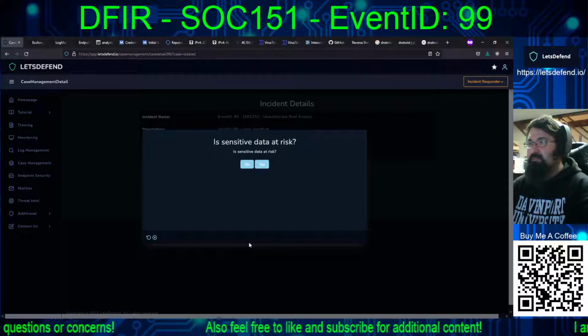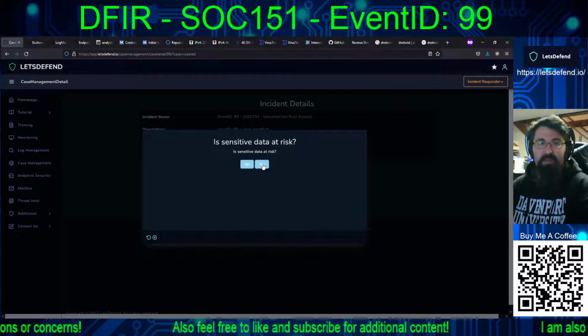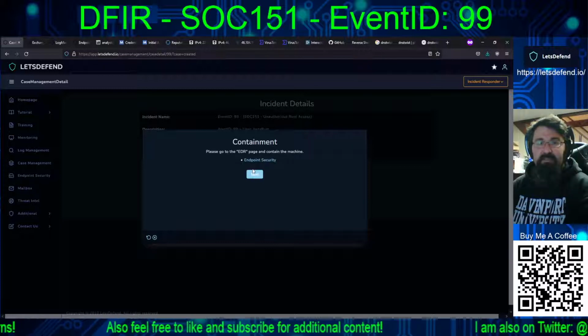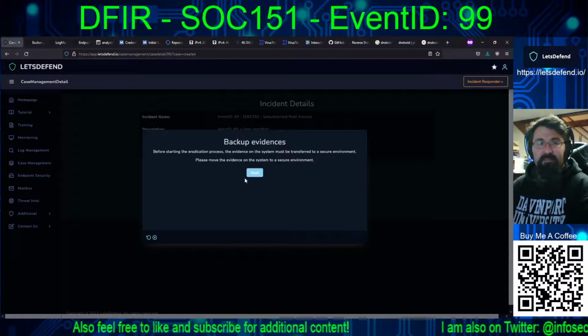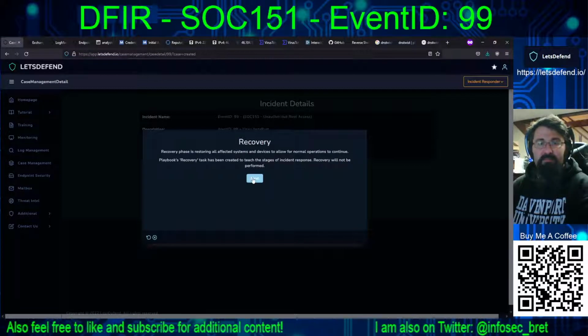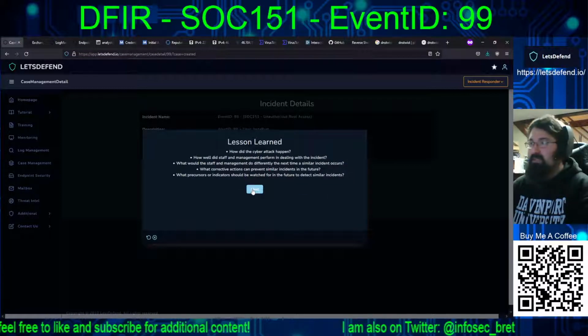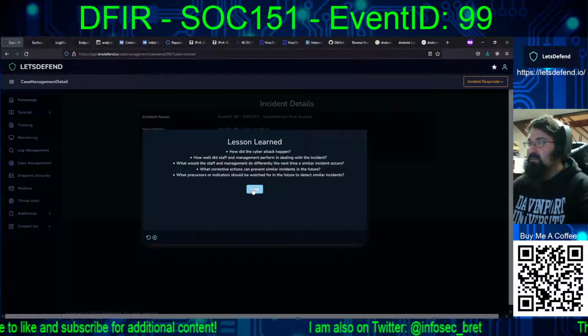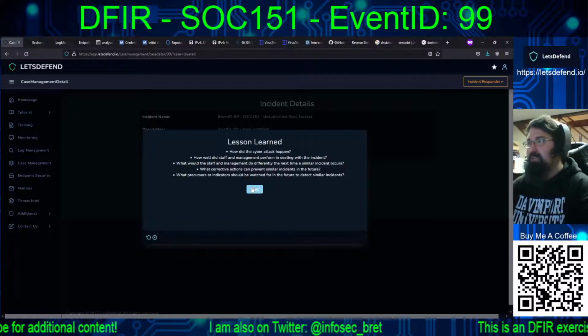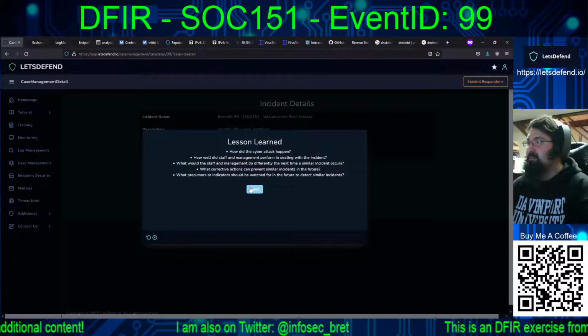I mean, root password, anything else that would be on there. Again, I'm taking a guess. It needs to be isolated. It's already done. Authentication. Well, we kind of went through and we knocked out the shell, but we'll have to force the password change. But again, I don't know if sensitive data would be considered compromised.